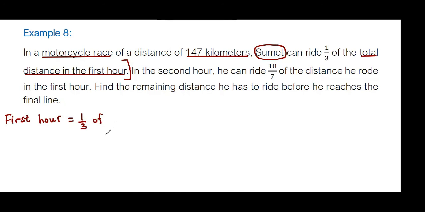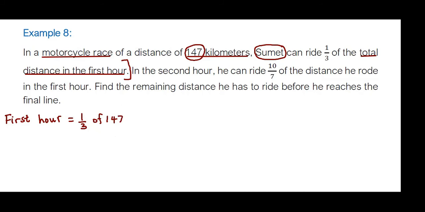In the first hour, Samet can ride 1 out of 3 of the total distance. The total distance is 147. Yes. Very good.